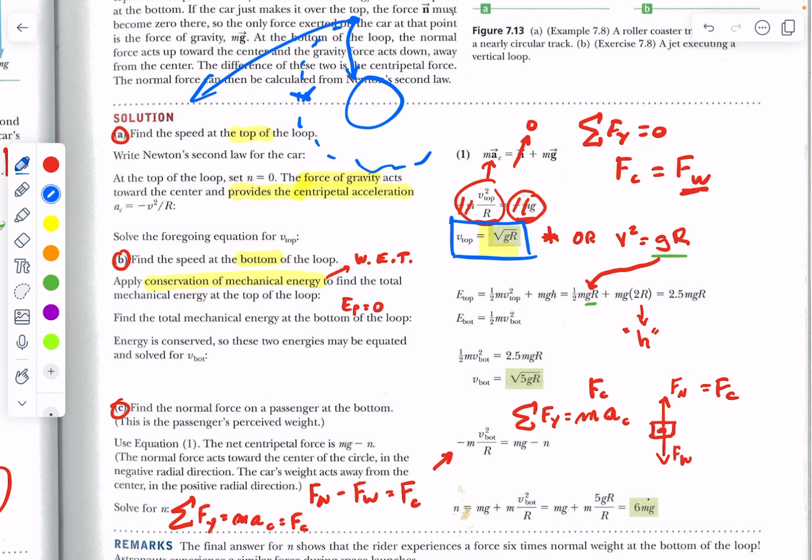And the answer is the square root of gravity times r. But the interesting thing here is that r now becomes this distance right here. R becomes the distance that the object is above the surface of the planet, we'll call it d, plus the radius of the Earth. Also, we have to keep in mind that g is no longer 9.80, which would be on the surface, but g is going to be substantially less way out there.